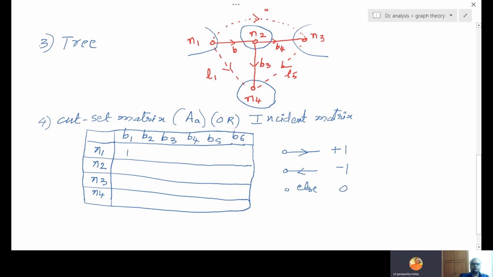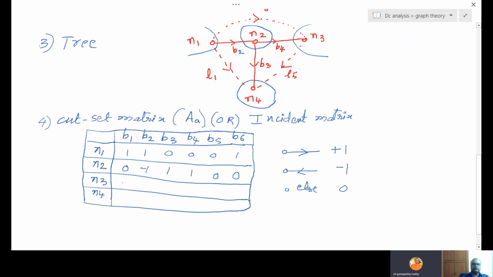B2 also leaving +1, B3 not connected 0, B4 0, B5 0, B6 leaving 1. N2: B1 not there 0, B2 -1, B3 1, B4 1, B5 0, B6 0.